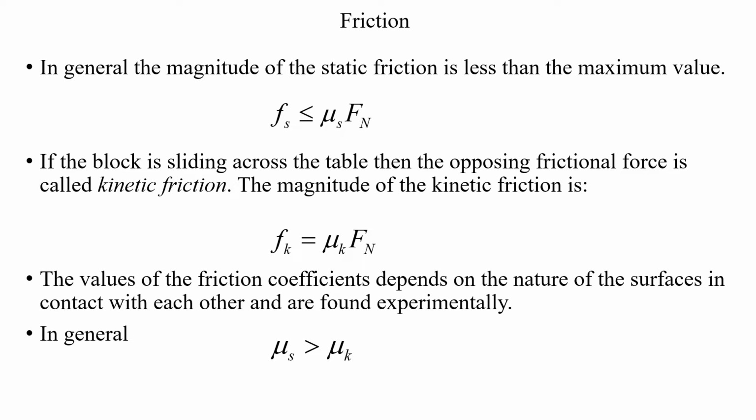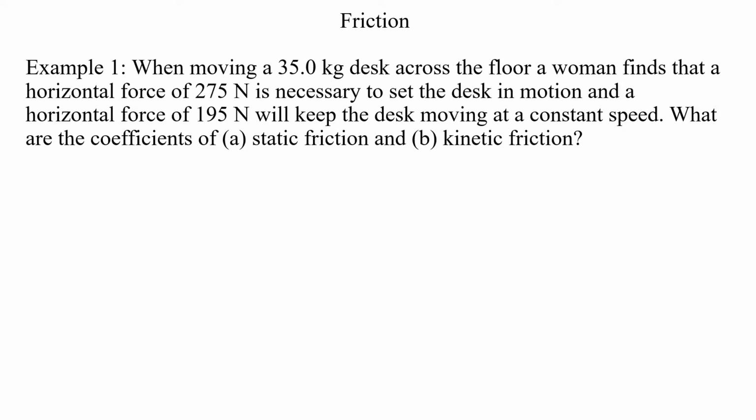So we see in both cases, the friction depends on the nature of the surfaces that are in contact with each other and how hard they are pressed together. That's where the normal force comes in. Also notice that they do not depend on the area of contact. They only depend on the coefficient of friction and how hard they're pressed together.